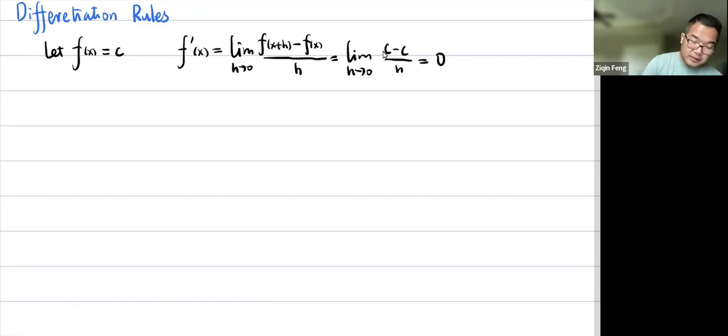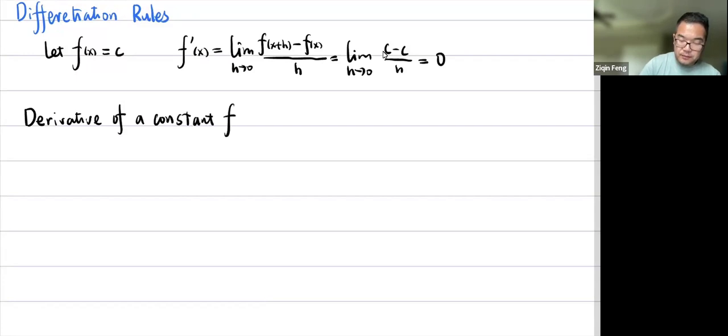So we know that the derivative of a constant function is, using our notation, d over dx of the function that is always c, or you can write it as c prime, and this is equal to 0.